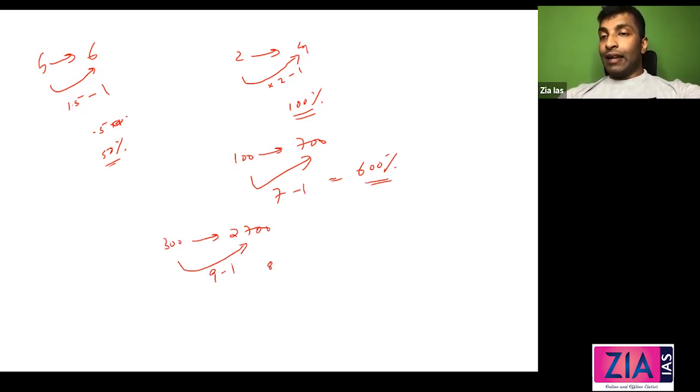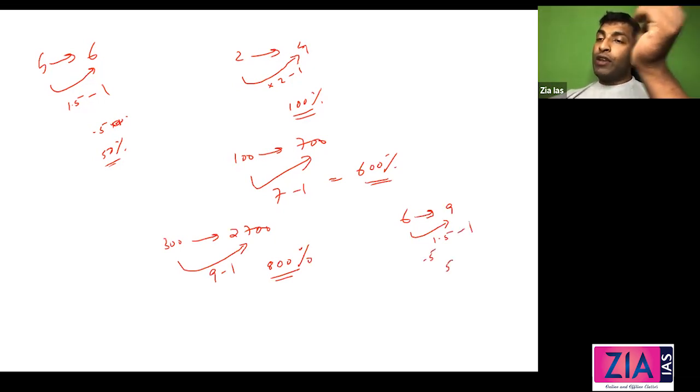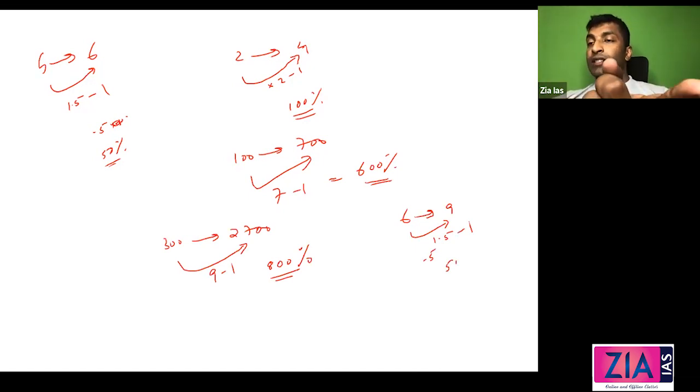What is that? 8. Add 2 zeros. 800% change there. Okay. 6 to 9. What is the factor of multiplication? 1.5. 6 into 1.5 is 9. 3 by 2. Okay. So 1.5 minus 1 is 0.5. Add 2 zeros. With 0.5, when you add the first zero, it becomes 5. Second zero, 50%.